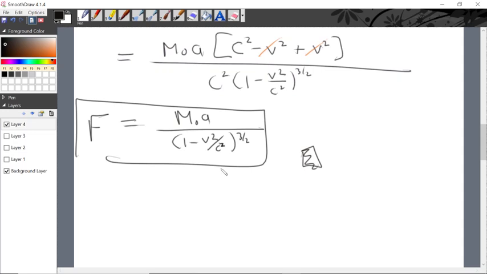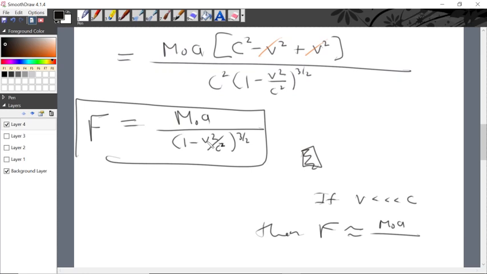Now, if the velocity is not close to the speed of light, that is, if the velocity is much, much less than c, if it's a very small amount, then we just have F is approximately m naught times a over what?